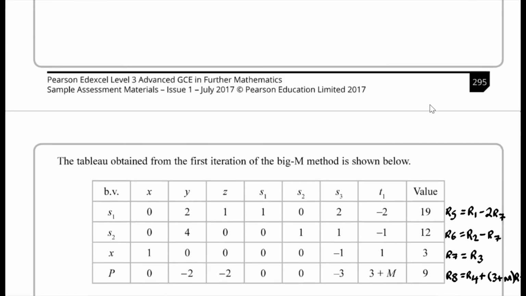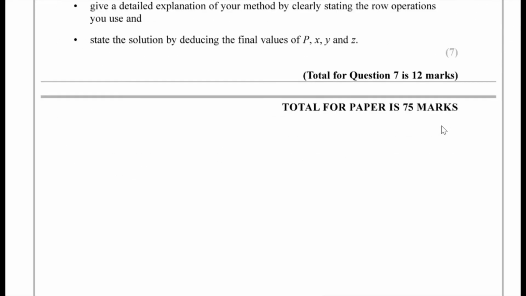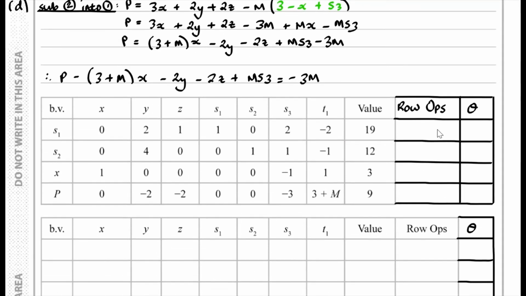So we have R4, and then we have R5 to R8. If we just label these, here we have R5, R6, R7 and R8.